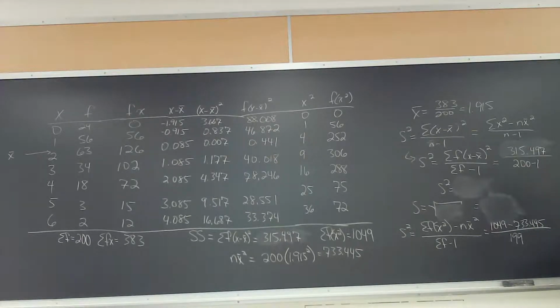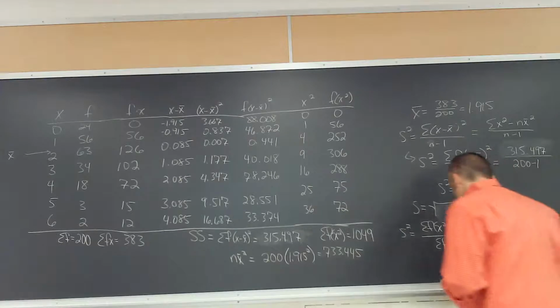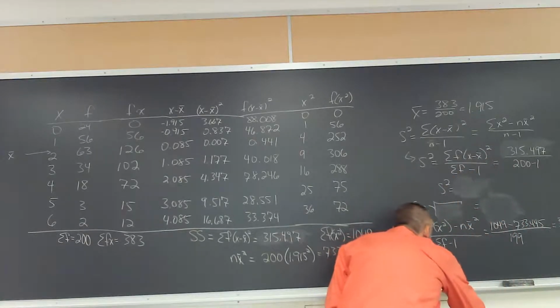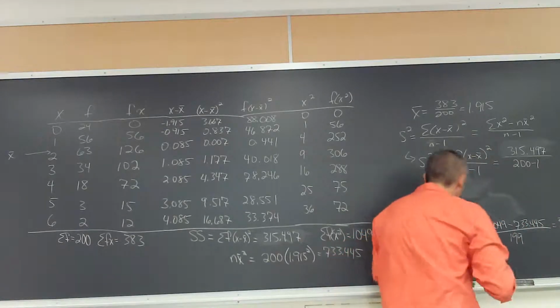So I got 315.5. Slightly different than this. All right. Divide that by 199. 1.586.